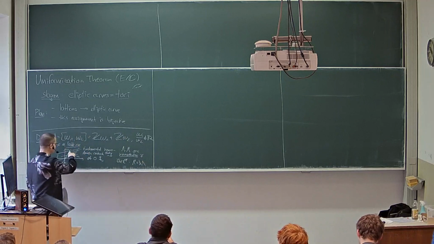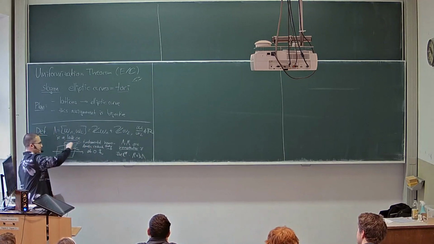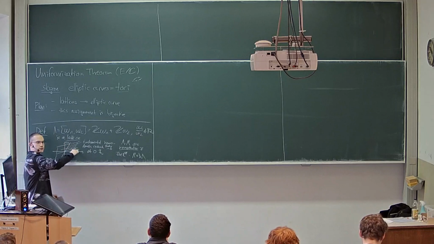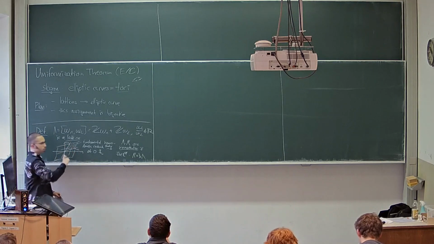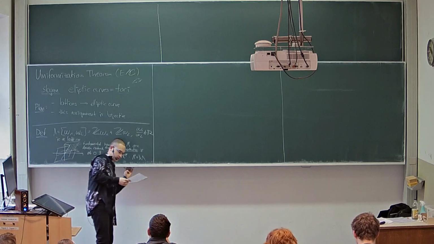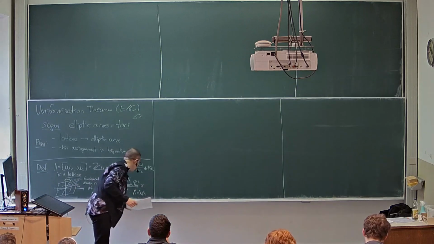Using this we can, and we will assume this at some point, rotate any lattice such that one of its generators is just the unit 1 and the other one is an element of the upper half plane. But I will come back to this later when talking about the J function. Okay, so this is just to get it out of the way.